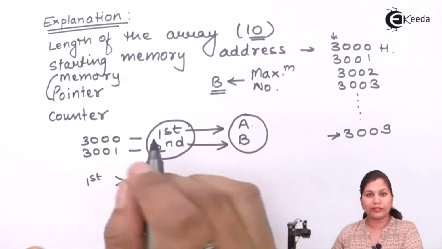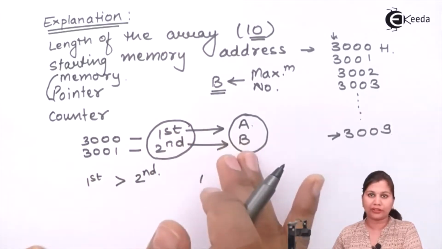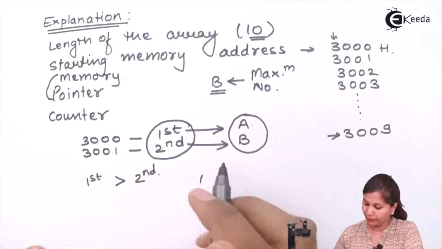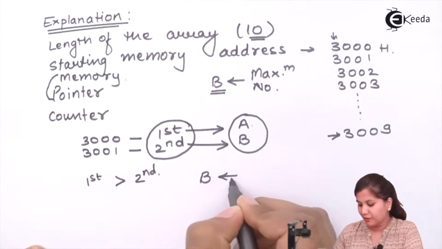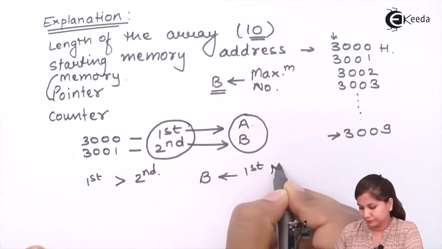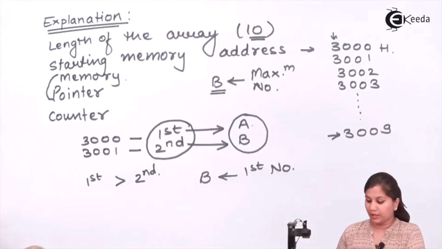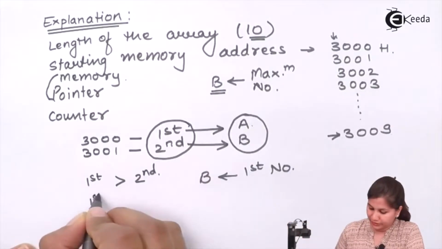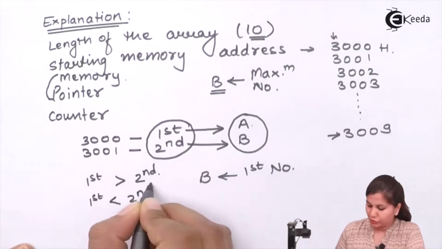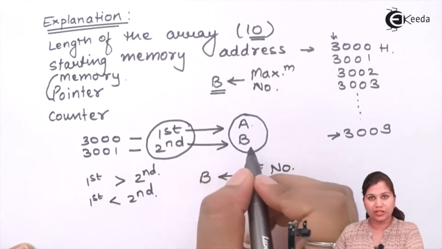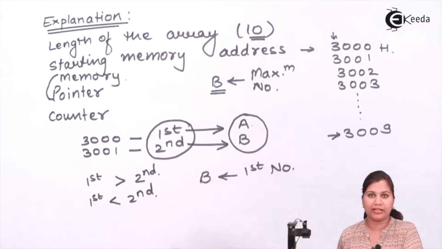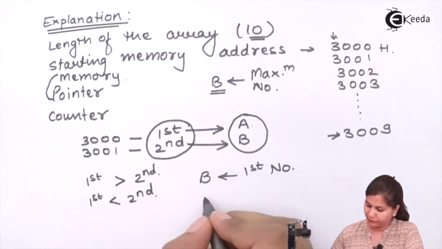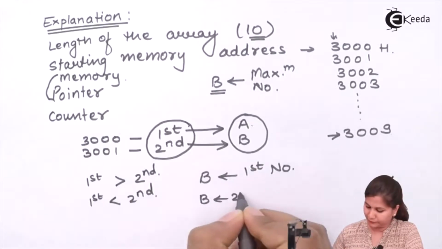So we are going to exchange the contents of the A and B registers. Now in B register we will get the first number. Suppose instead that the first number is less than the second number. Then there is no need to change the contents, because in B we already have the second number, so B will contain the second number.